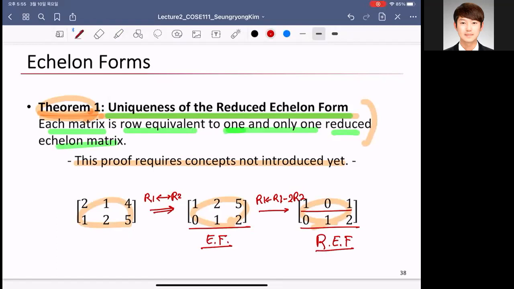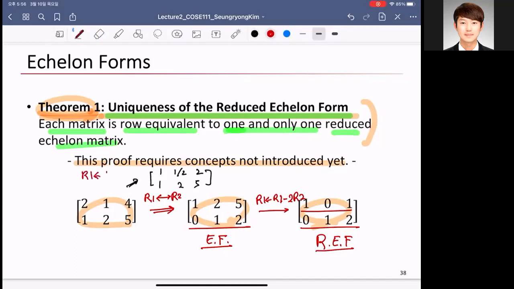But as we discussed previously, there will be another echelon form. For example, why not using different elementary operation? For example, I want to transform original matrix to the 1 over 2, 2, 1, 2, 5 by R1 by scaling, right?